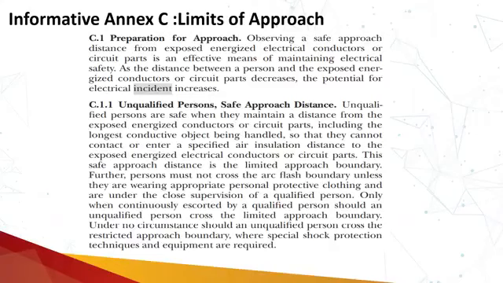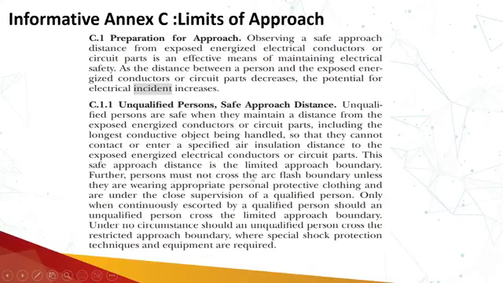The unqualified persons are safe when they maintain a distance from exposed energized conductor or circuit part, including the longest conductive object being handled, so that they cannot contact or enter a specified air insulation distance to exposed energized electric conductor or circuit part. This safe approach distance is the limited approach boundary. So basically this limited approach boundary triggers for an unqualified person. It also triggers for longest conductive objects which are being handled.